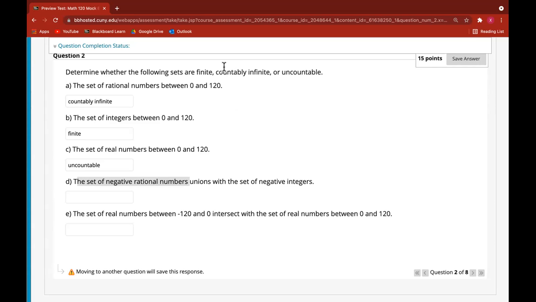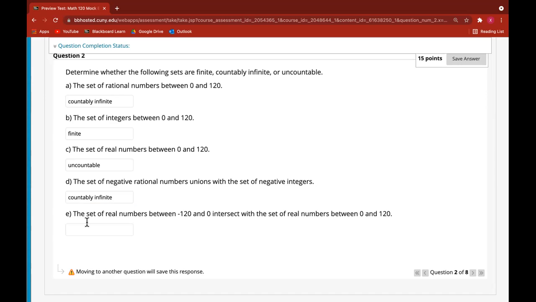So if it's infinite, we need to check: is it countable or uncountable? I see people say yes, it's countable. It's countable because we have the set of negative rational numbers union with the set of negative integers, and we know rationals are countable and integers are countable. If you combine two countable sets, it's still countable.